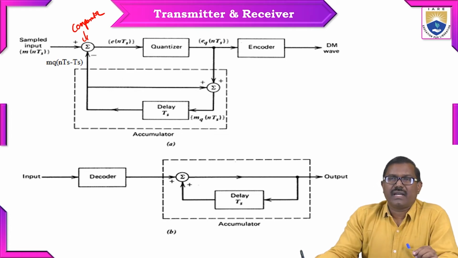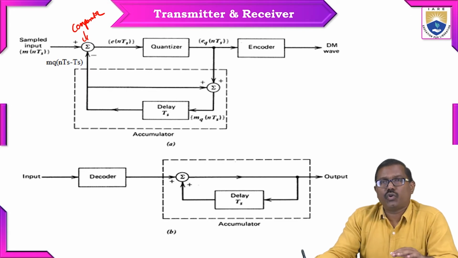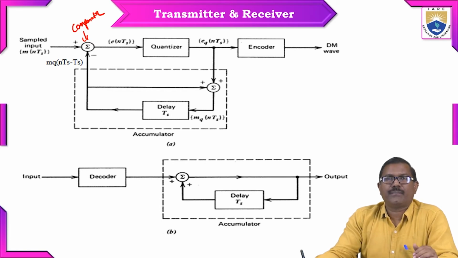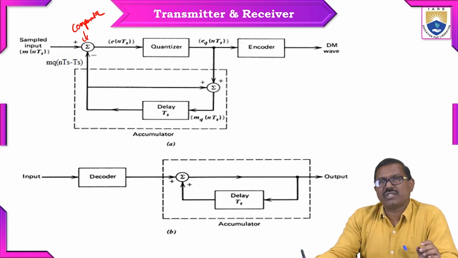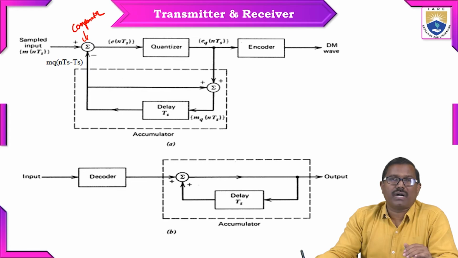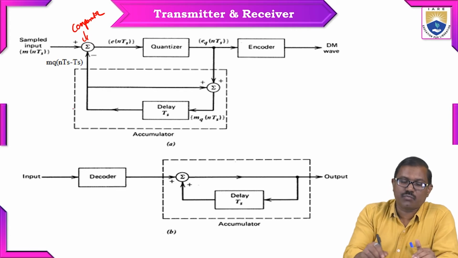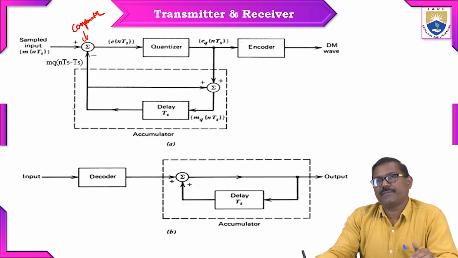Another important block is the accumulator. The accumulator is a single delay element, having a delay of Ts seconds. This delay element with the feedback path or simple loop we can call an accumulator. This total dashed box indicates the accumulator.